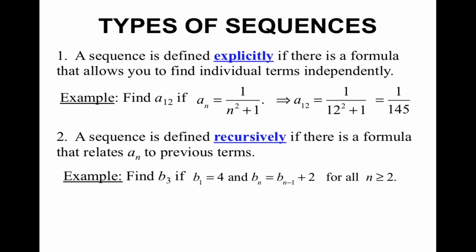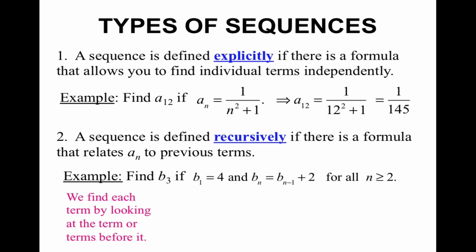With a recursive sequence, I'm going to look at the previous term to get the next term. In this sequence, we are given the first term, which is 4, and to get the next term, I have to add 2 to the previous term.